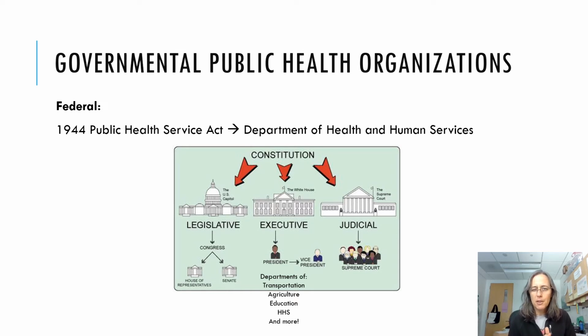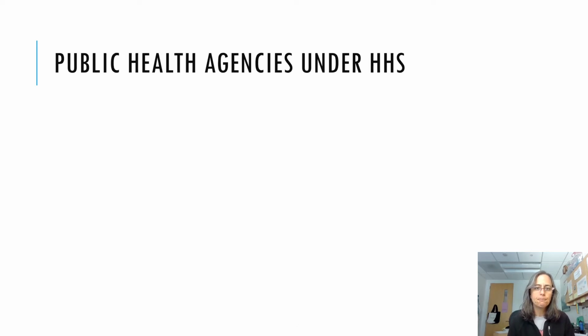So you may remember this from the law and policy lecture. So departments of transportation, agriculture, education, and so many more. So the Department of Health and Human Services, or HHS, is under the executive branch. So Health and Human Services is under the executive branch of the White House.